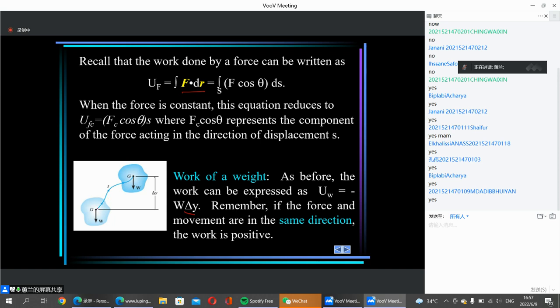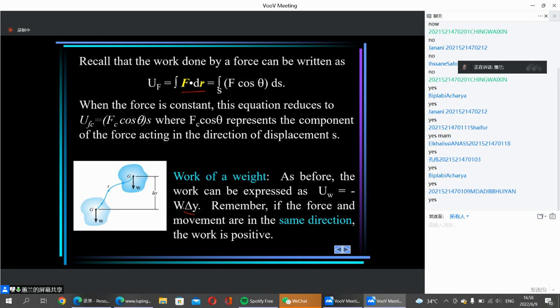Generally, if the material is homogeneous, meaning the density is equal everywhere, the centroid, mass center and gravity center coincide with each other.